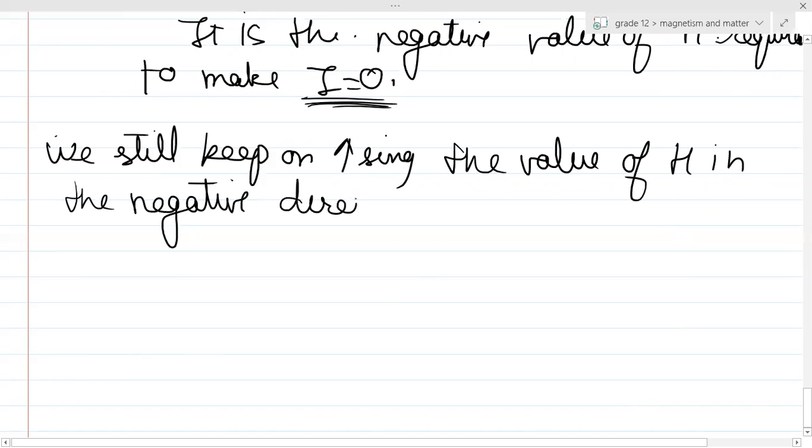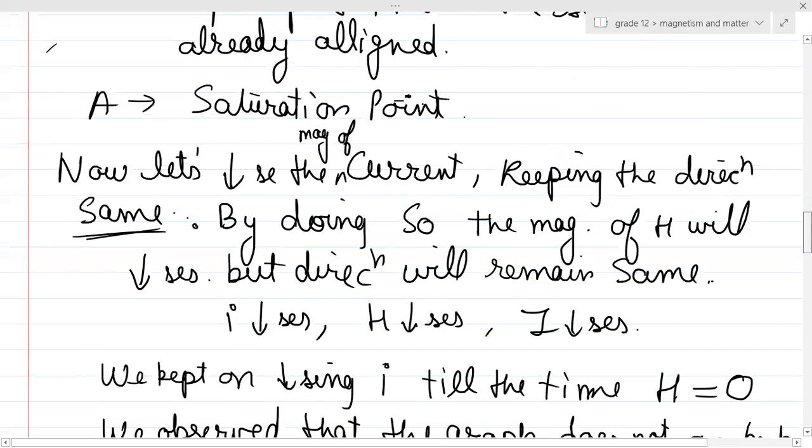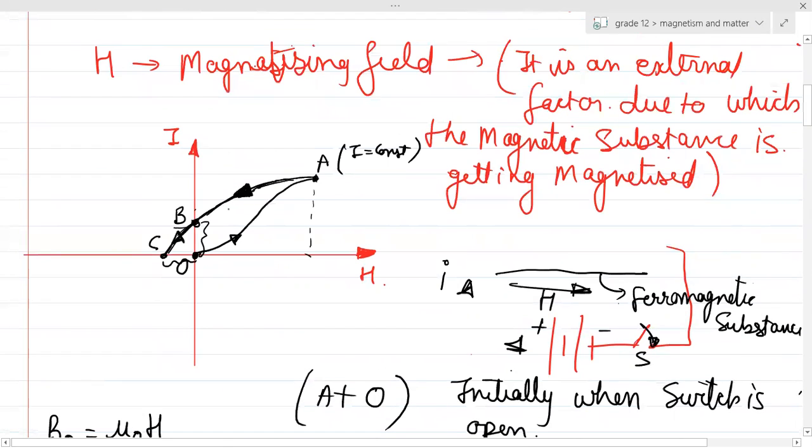Now what will happen? Just like the previous case, this point I and point C and point O are similar. Just like you applied a magnetic field in this direction, so this thing goes from O to A. Similarly, when it reaches over here and you have applied a magnetic field towards the left, then this point will again increase and it will reach somewhat like this point.